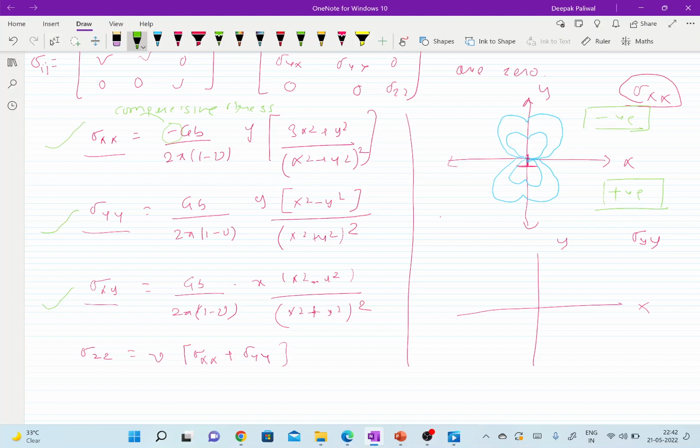Now the distribution of sigma yy in the xy reference frame. It is like this, like this.